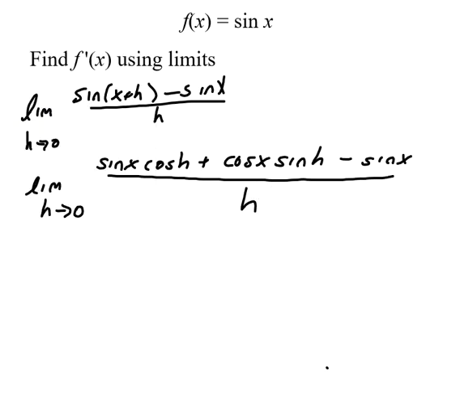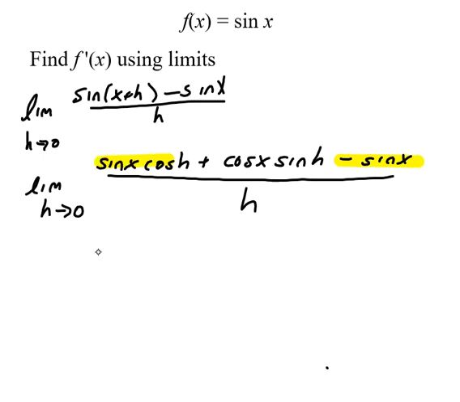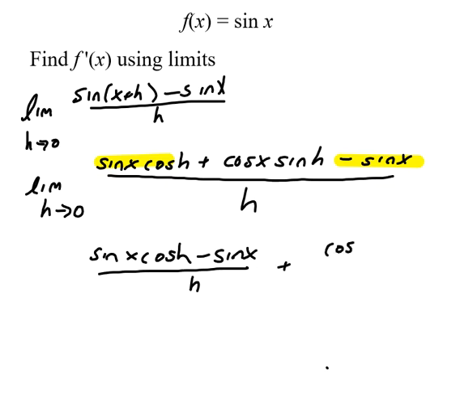This piece and this piece both have a sine x in them, so I'm going to group those pieces together for a moment: sine x cosine h minus sine x, plus cosine x sine h. We still have the limit as h approaches 0 on all of this.